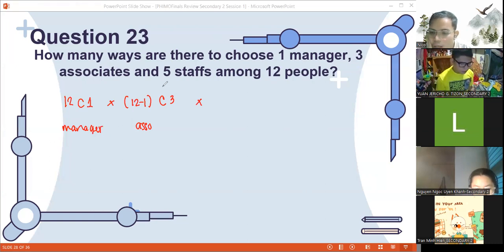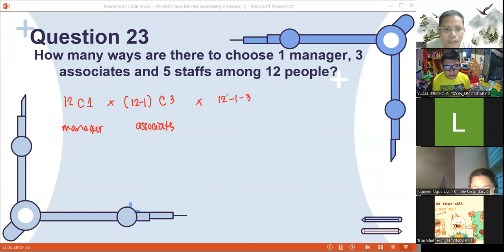If it was x minus 1, y minus 1, it's still, you need to have minus 1 on the left and minus 1 on the right. Okay, for associate. And then this one is 12 minus 1 minus 3, where you choose 5 for staff.